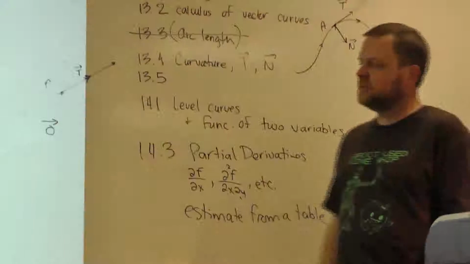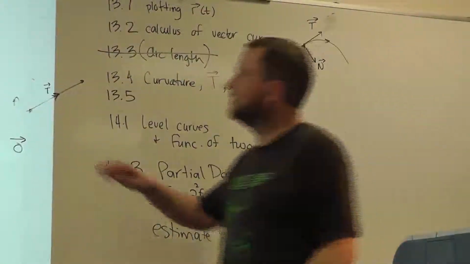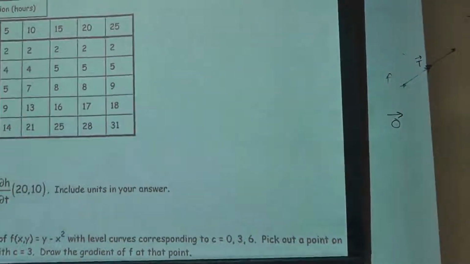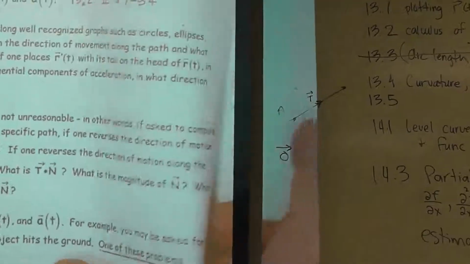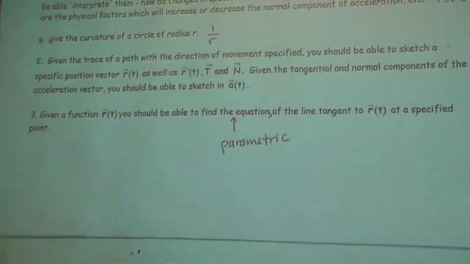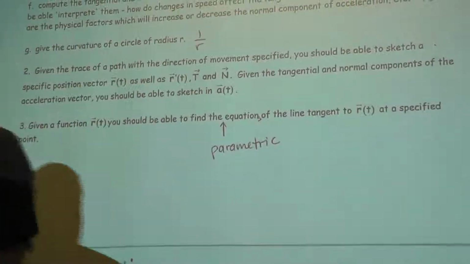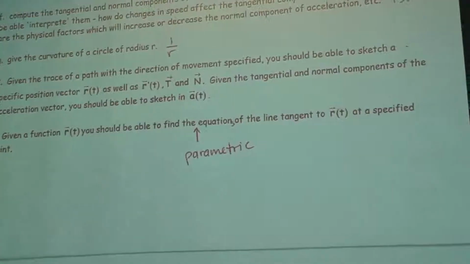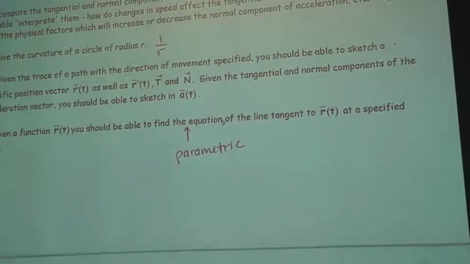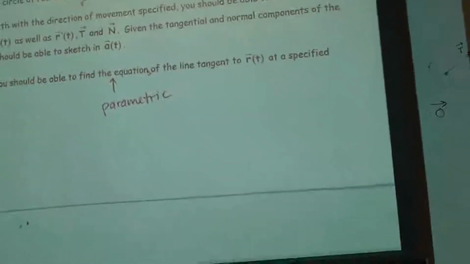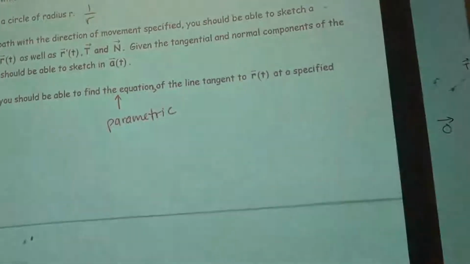How would you do this? Given a vector function, be able to find the parametric equation to its tangent line at a specific point. So, given a vector function, find the parametric tangent line equations at, let's say, t equals 0.